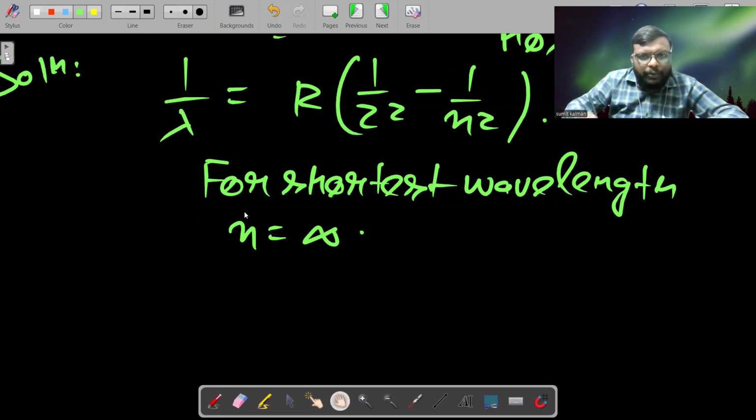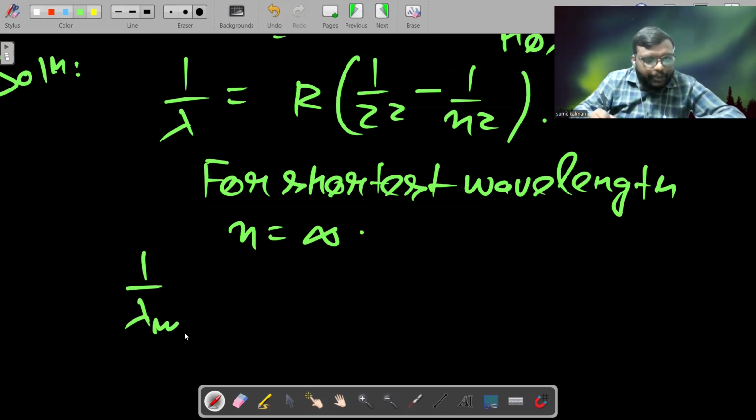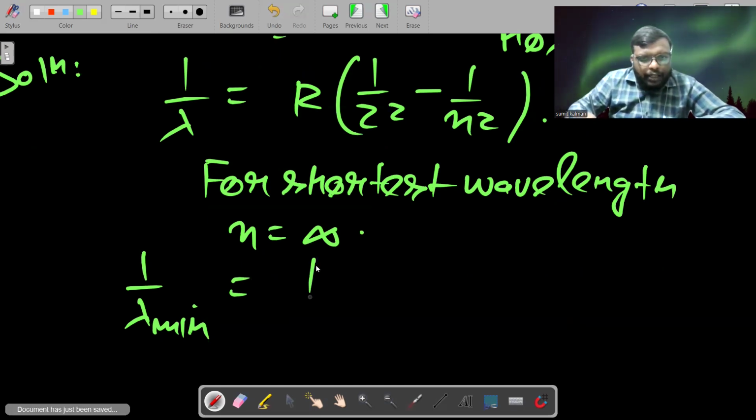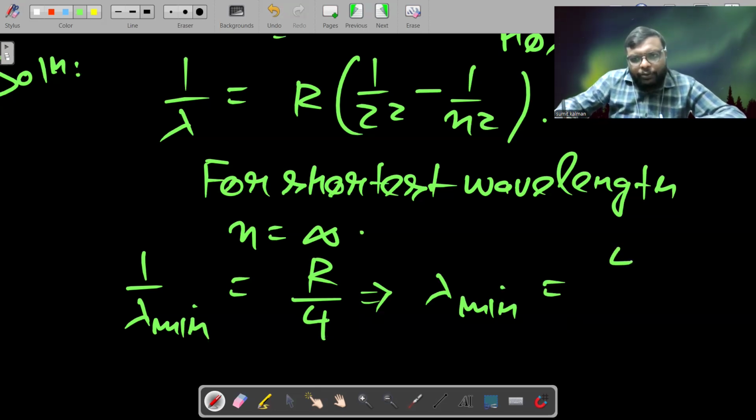So the above expression will become 1 upon lambda minimum is equal to R upon 4. And students, lambda minimum, that is minimum value of wavelength, it will become 4 upon R.